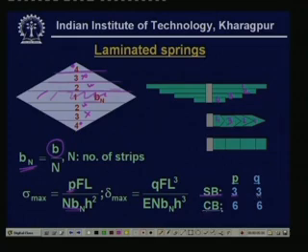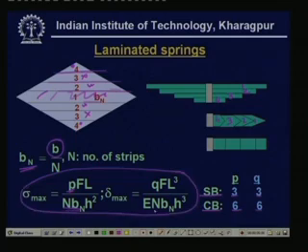For a cantilever beam, they come out to be 6 and 6. So, the basic equation remains the same, except that n b_n merely replaces the width b. The advantage is that instead of this large width b, it reduces to a smaller width, where everything else remains the same.